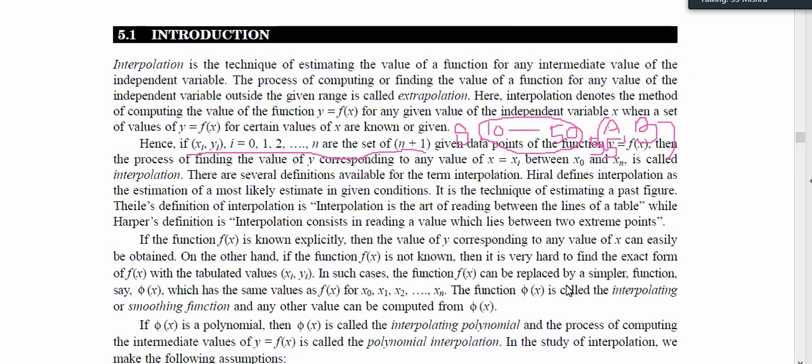You have seen, there are several definitions. One author defines interpolation: estimate is the value, and estimation is the process. Another fellow defines interpolation as the art of reading between the lines.